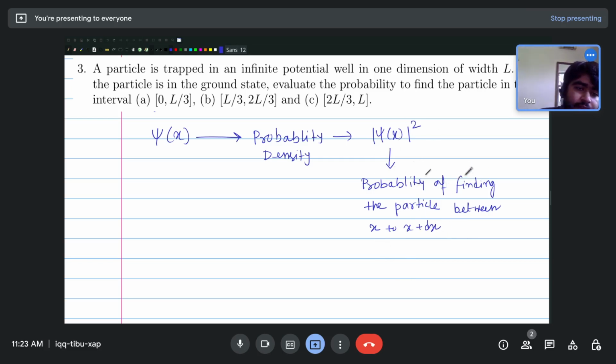If you multiply it by dx, then it becomes a probability. So the probability density is just the mod square of psi of x.